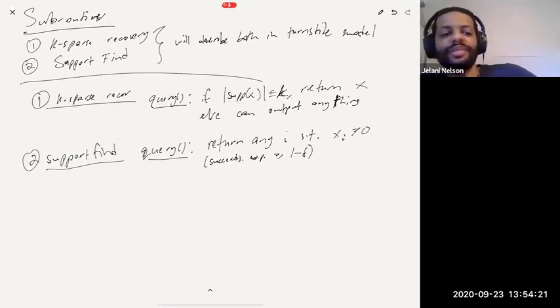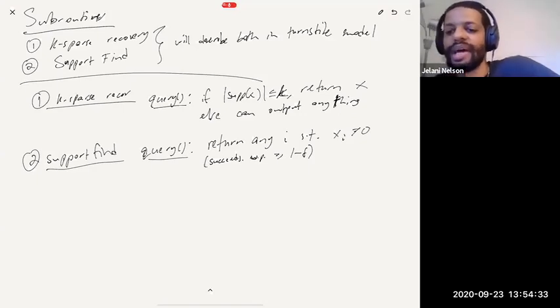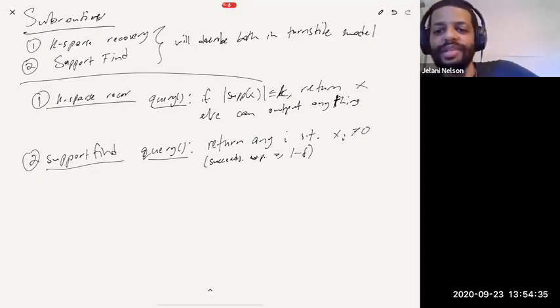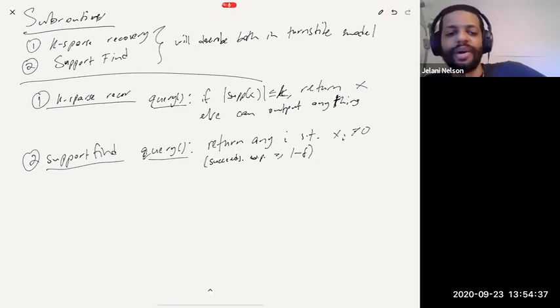And it's not trivial to solve this problem, but it turns out there is a solution that uses only logarithmic or polylogarithmic space in the universe size. So in a graph on n vertices, the universe is of size n choose 2. The number of possible edges in a graph is n choose 2, which is about n squared. So you're going to use polylog n bits of memory, and you're going to be able to solve support find.